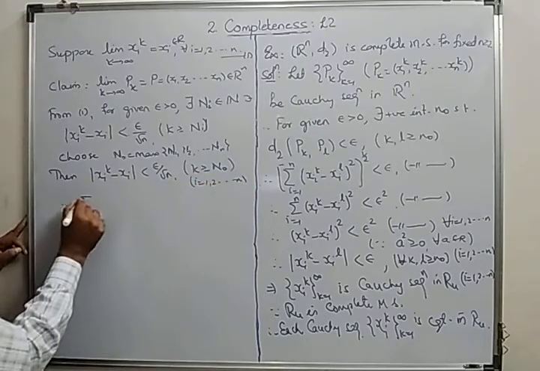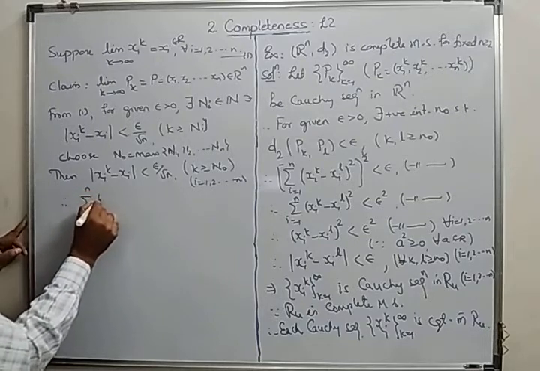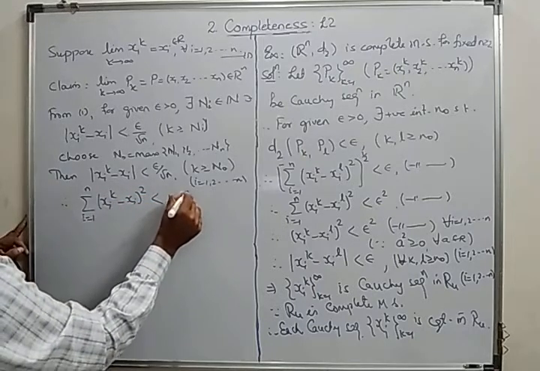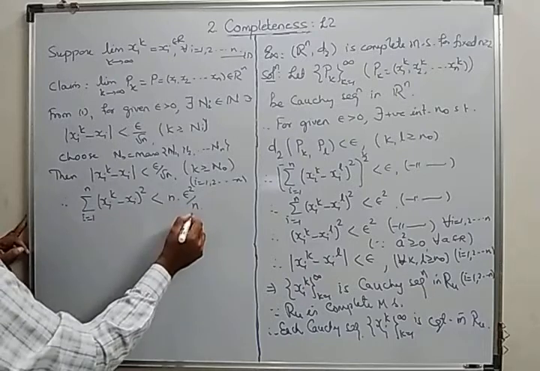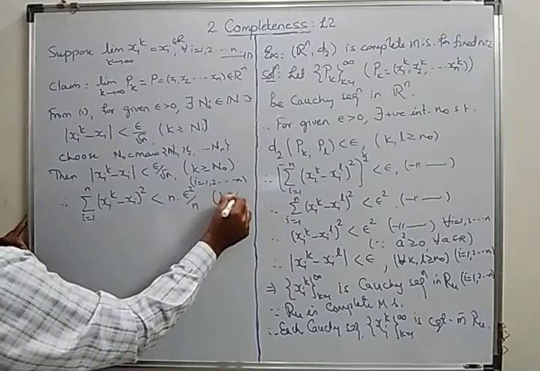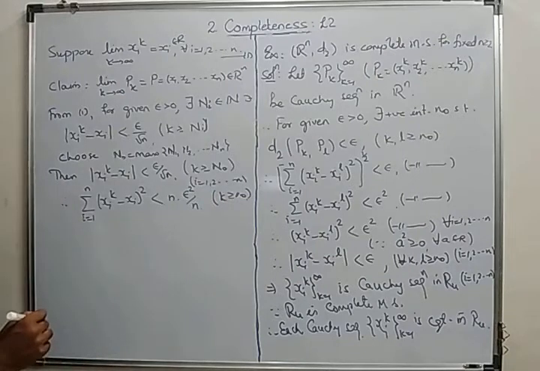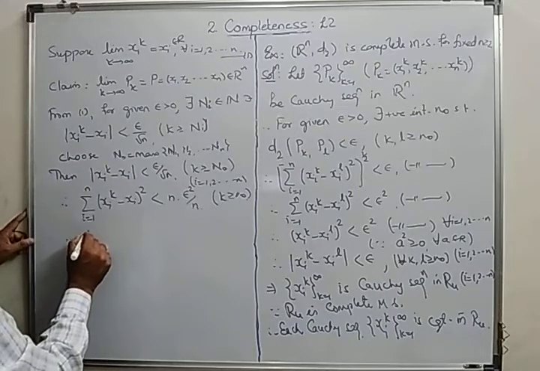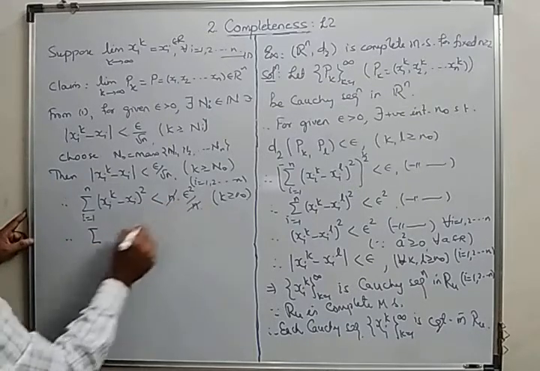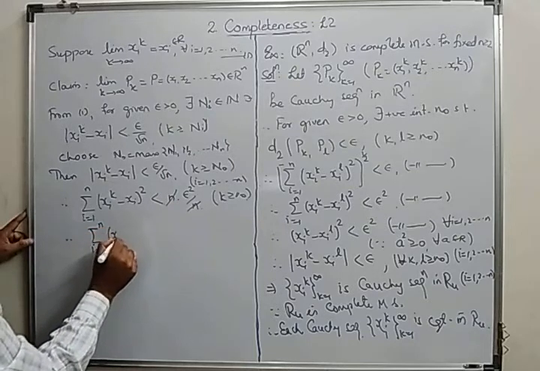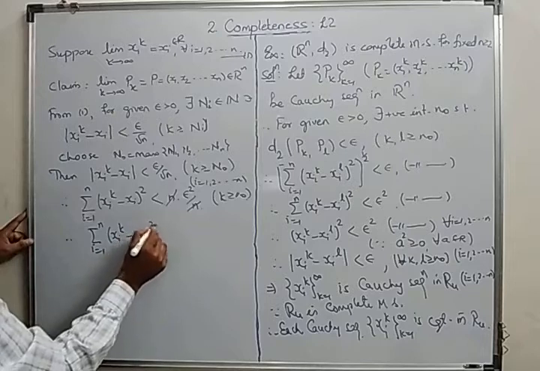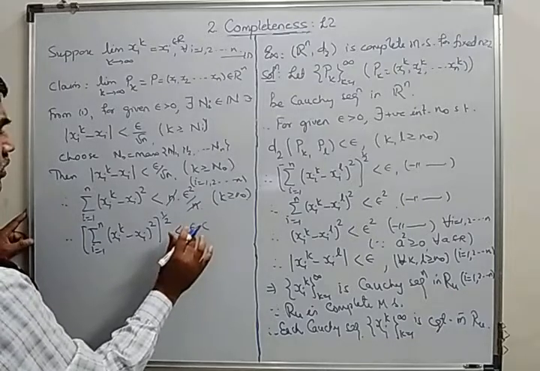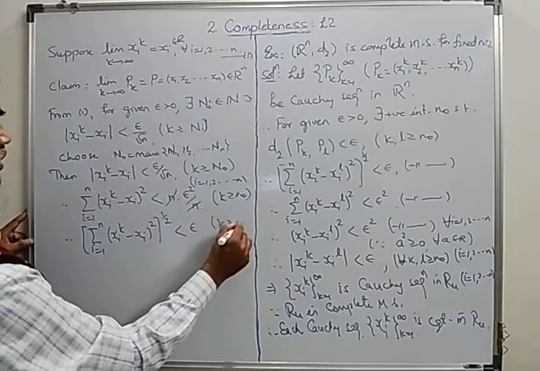And therefore, the summation of i equal to 1 to n of (xik minus xi) squared is less than n times epsilon square upon n for every k greater equal n naught. If I take the square root, the summation of (xik minus xi) squared, raised to half, is less than epsilon for every k greater equal n naught.